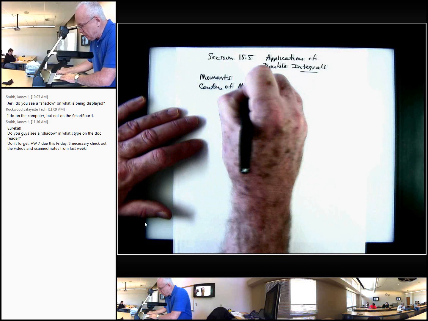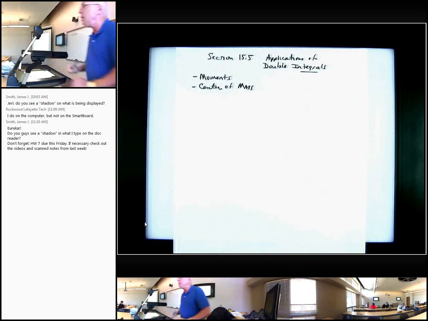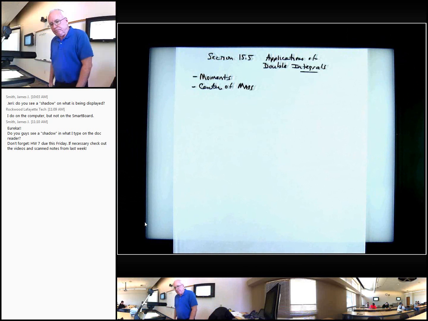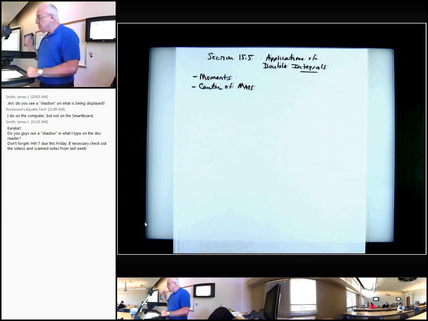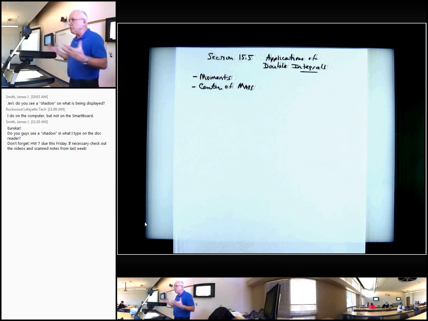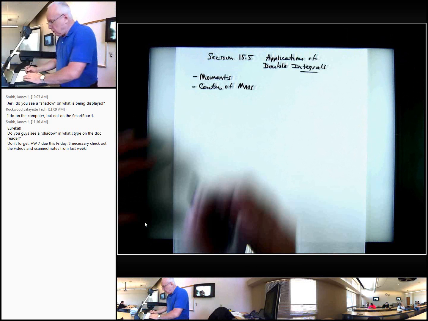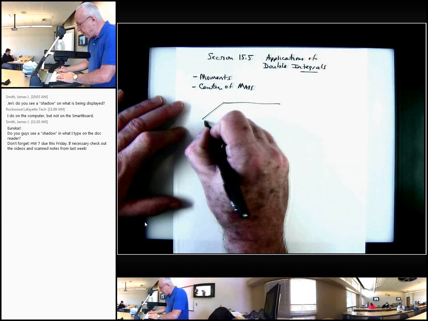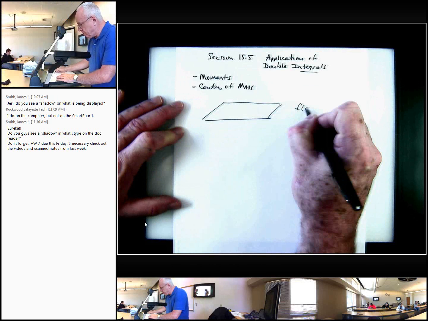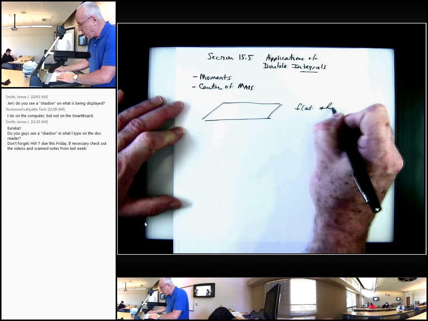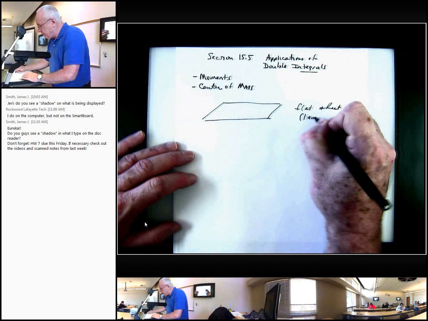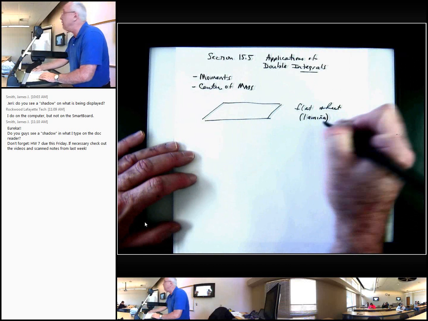This may ring a faint bell from the previous semester. All right. So this time, we're talking about double integrals. Say we have some kind of flat sheet, and the name the book uses for that is lamina.